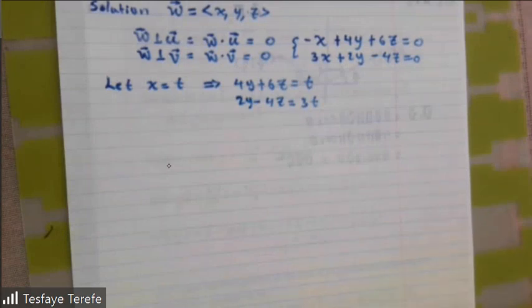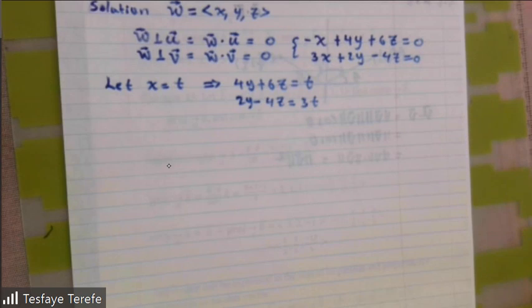I can solve for Y and Z. Well, now what we need to do is let us solve for Z by getting rid of really Y.